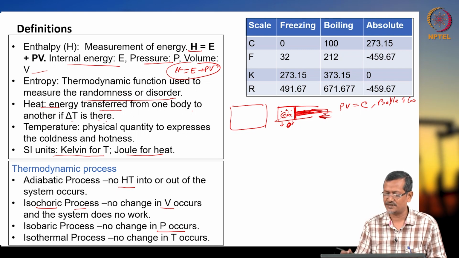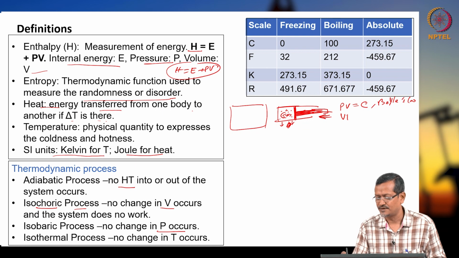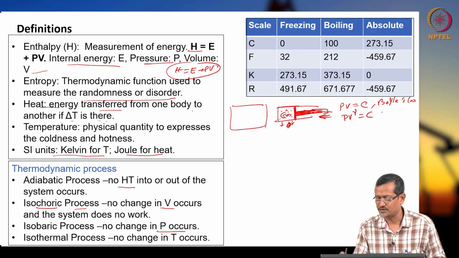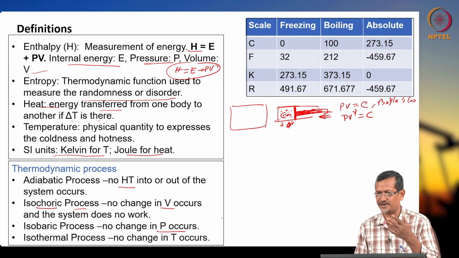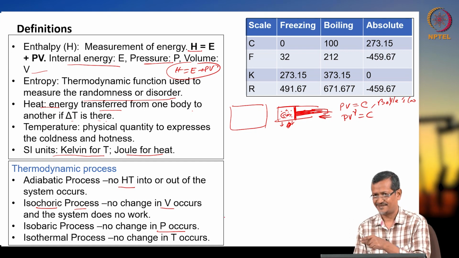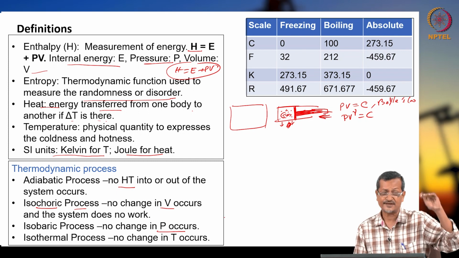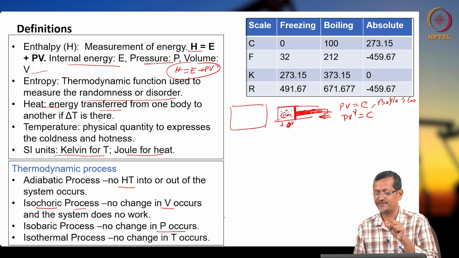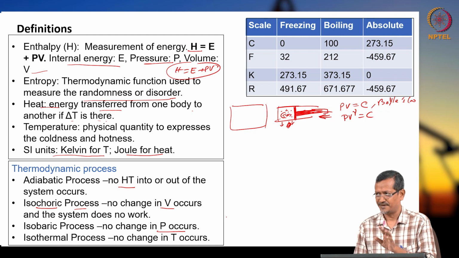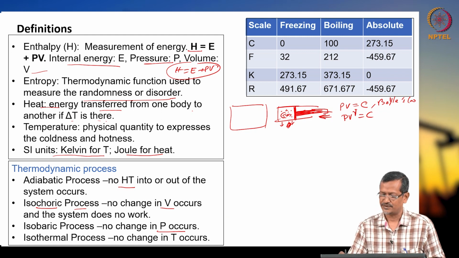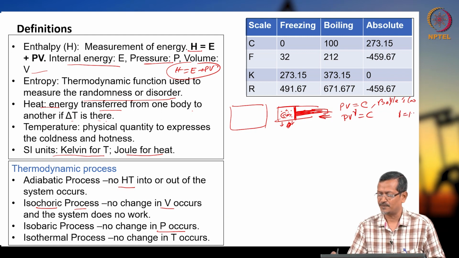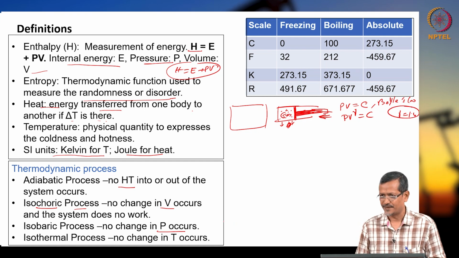In that case the formula changes: PV to the power gamma equals constant. If the system is faster, then PV^gamma; if the system is very slow, you are making it isothermal, so PV equals C. The gamma value is the specific heat ratio, normally 1.4, Cp by Cv.